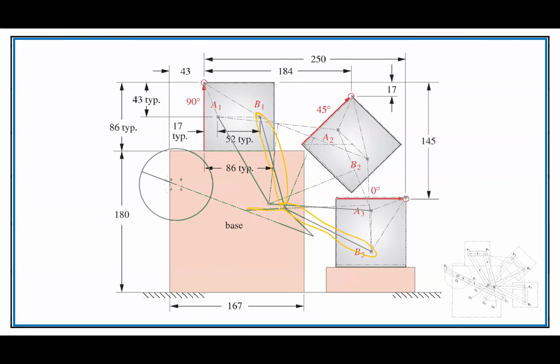I extended their legs out, and then I made the driving dyad connected to that spot, so I didn't have to position up higher. It's just a little bit of a trick, but also useful if you look at the solution that Norton created.